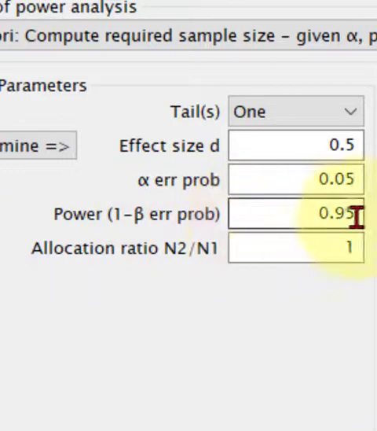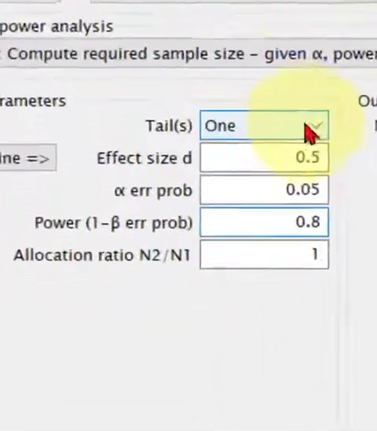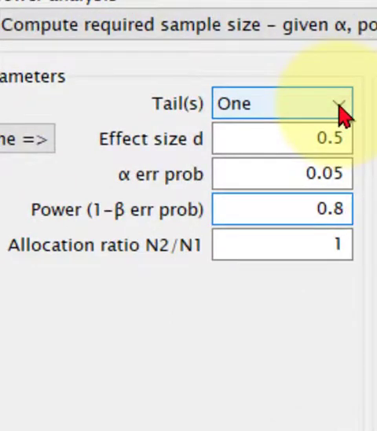Now again, for power, we get to change our power to 0.8. And the ratio 1:1, just leave that alone. Now, if it's a one-tail or two-tail, let's take an example. Our t-test is, we're looking to see if men make more money than women.